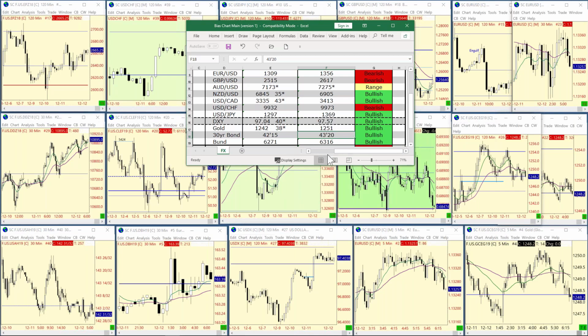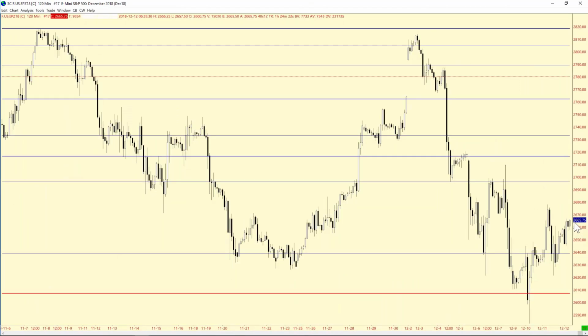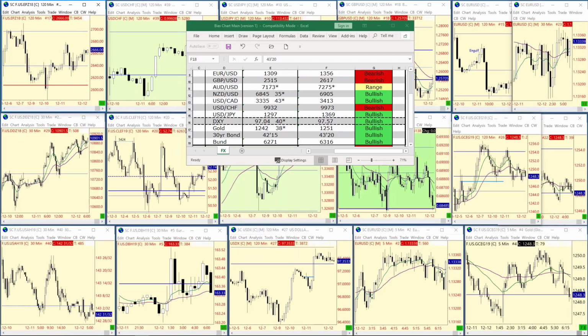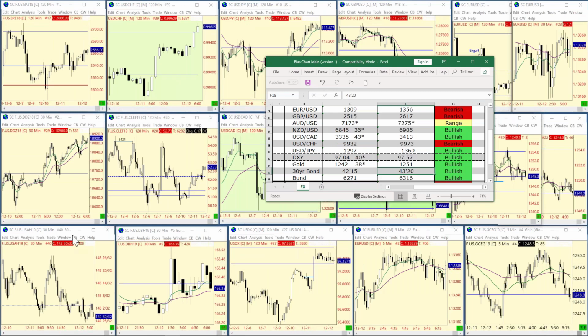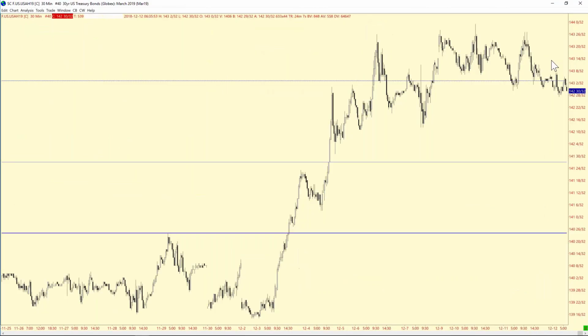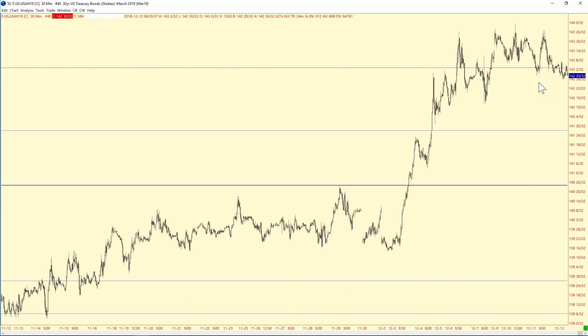And let's move now to the 30-year bond. Well, we've seen that ease back a bit, and obviously for good reason, because you're seeing it here with the S&Ps. And that certainly has been supportive here for the dollar yen as bond prices move lower, obviously an inverse relationship, so yields move higher.